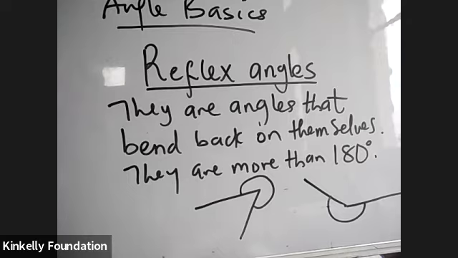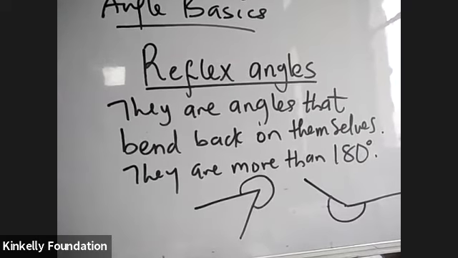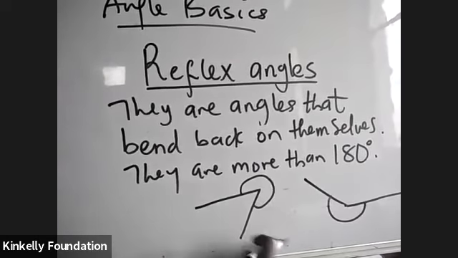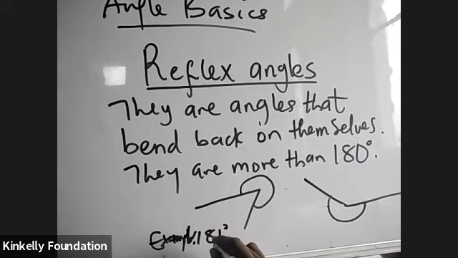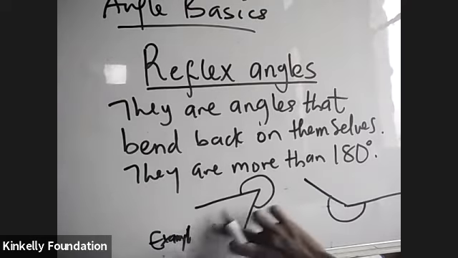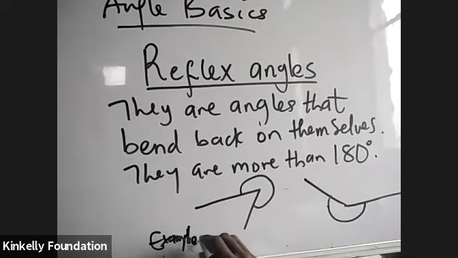The examples we have on this include 181 degrees. No, 360 is called angle at a point.